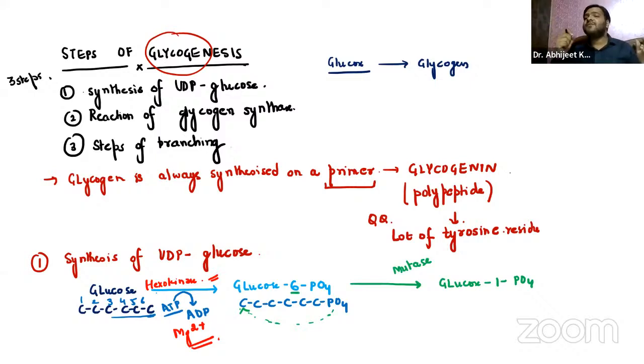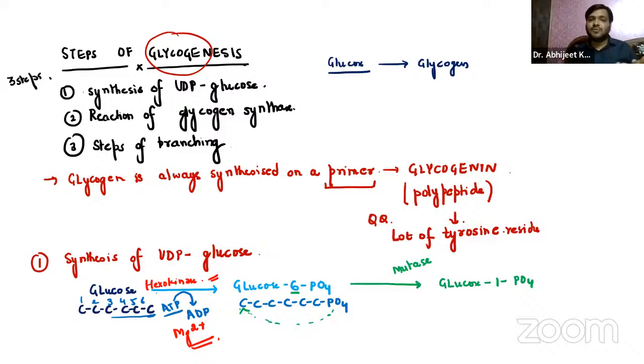Only the shifting of the phosphate has taken place in the same compound. So anywhere the phosphate group is moving from one position to another, that is mutase. But if there are two different compounds like ATP and glucose, then it is kinase, right? So understand the difference between the enzymes that we are using, guys. So here we have mutase, and remember, it is phosphomutase.